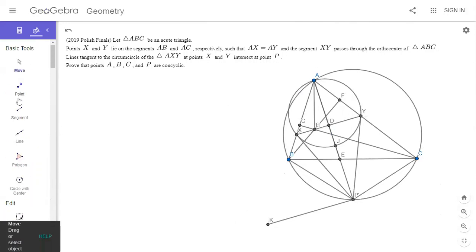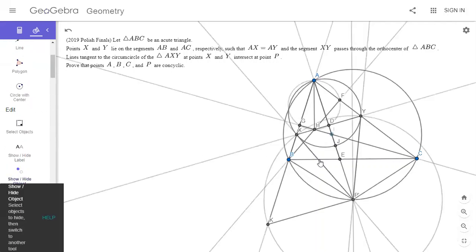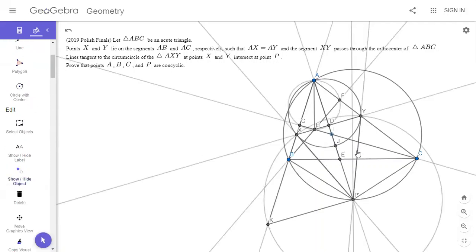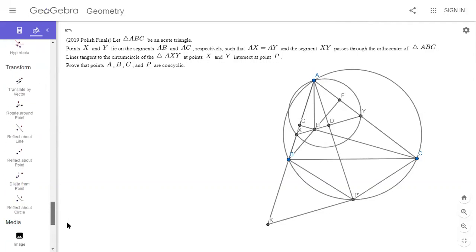Do I even need that circle? Okay, I'm going to hide P prime X and P prime Y, or delete them maybe for now. Okay, so here's how I'm going to write the solution.